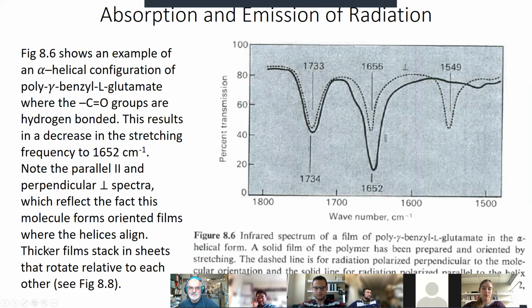And so you can study a lot of really interesting things, but if the layer is thin enough, then you can shine polarized light along the axis or perpendicular to the axis.